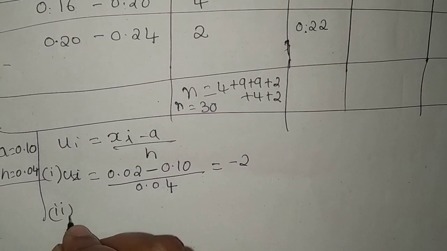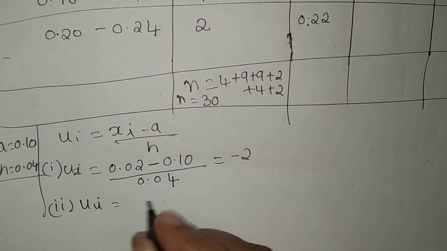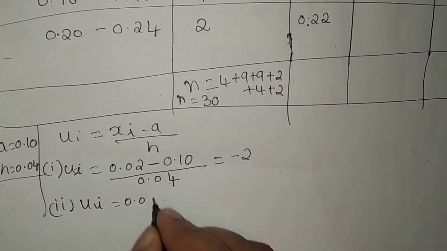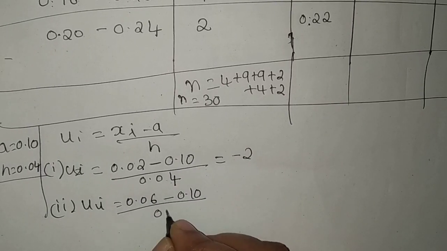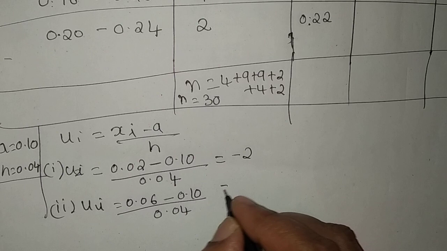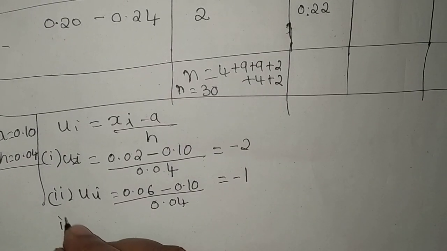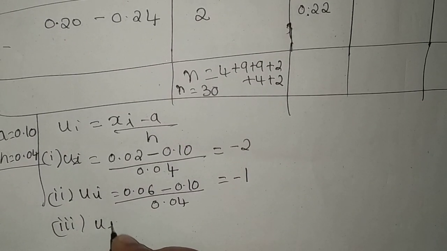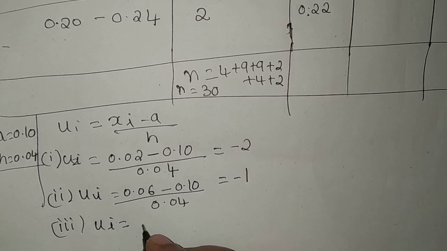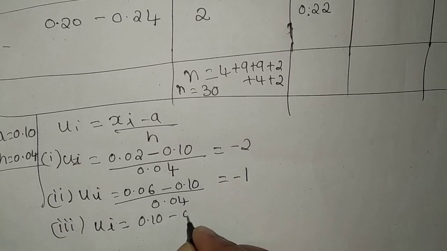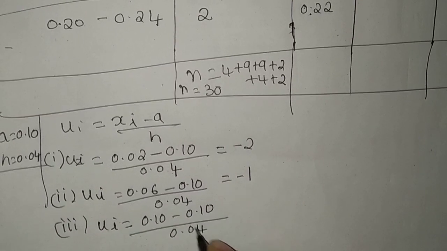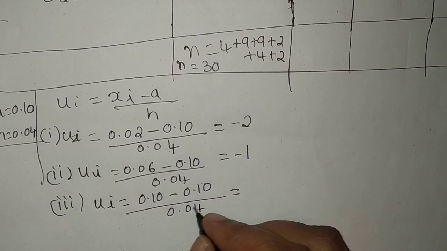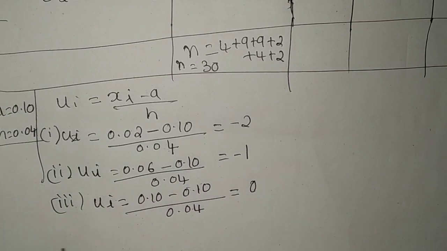Now in the second set of values, ui is equal to 0.06 minus 0.10 by 0.04, which is equal to minus 1. Third set of values, ui is equal to 0.10 minus 0.10 by 0.04, which is 0.